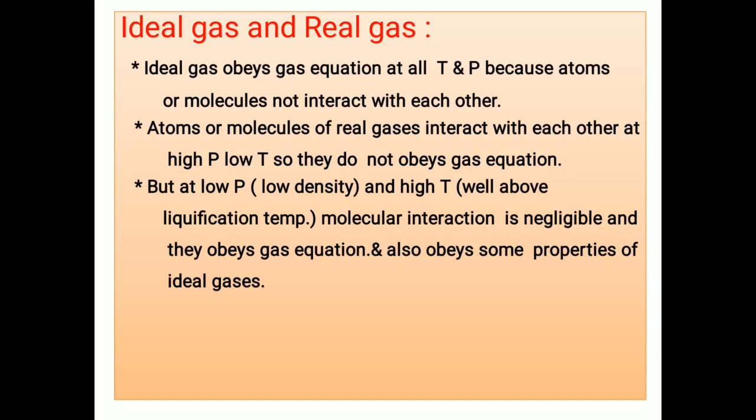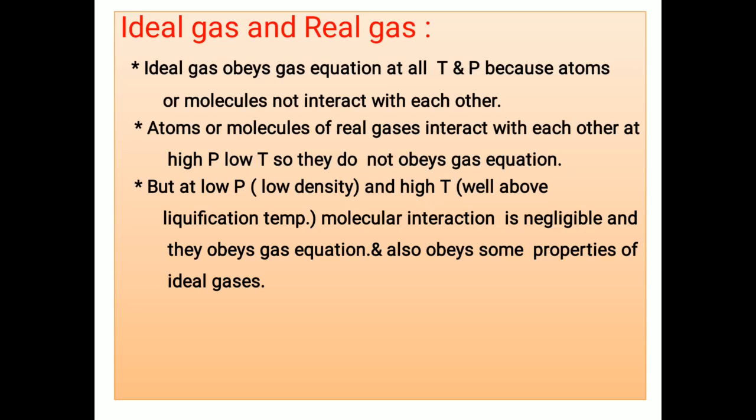This interaction is of two types. One is the space available for free movement of the molecules. Suppose a molecule is moving in the container, and other molecules are also present. Then how much space is available for a single molecule for its movement in the container? The other is intermolecular force of attraction.